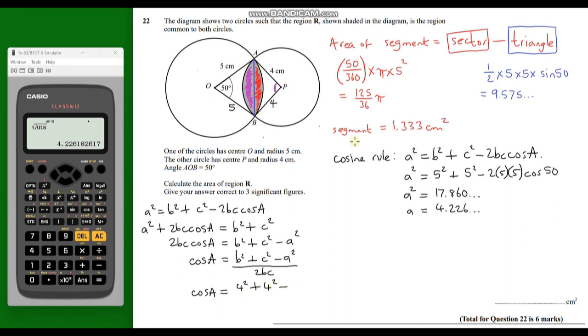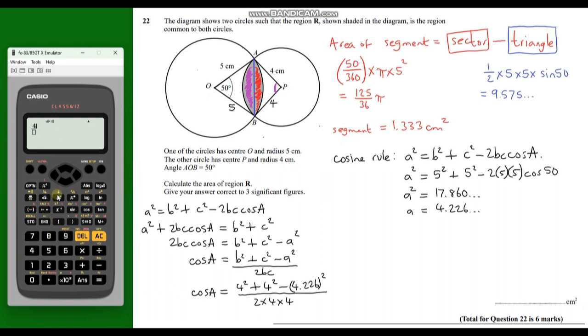Well, this is A, which is what we've just calculated, 4.226 squared. And then we're going to divide all of that by 2BC. So 2 times 4 times 4.